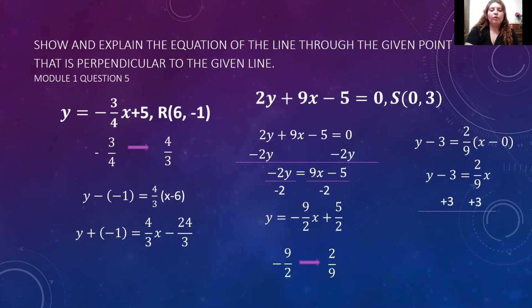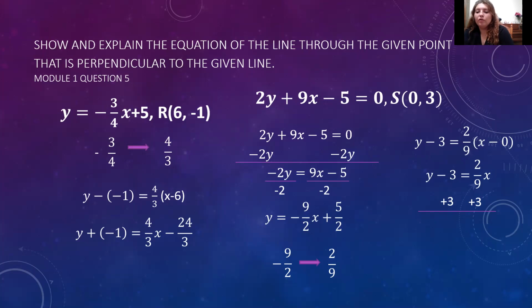So then we're going to take that slope and flip it, and we get 2/9. Then we're going to do the same thing we did in the first one, and plug in the point we were given with our new perpendicular slope: y minus 3 equals 2/9 times x minus 0.